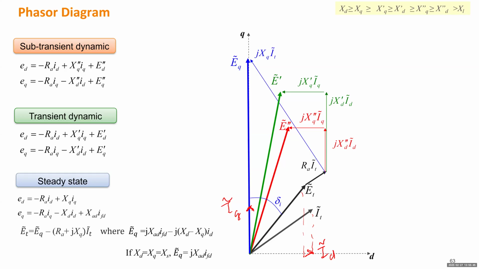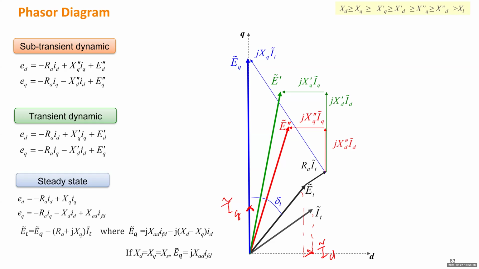Okay. So now, to generate the phasor diagram for transient dynamics, we're going to utilize SD and SQ single prime. So this part is still the same. And starting from here, the next one I need to consider is the voltage drop due to the SD single prime.